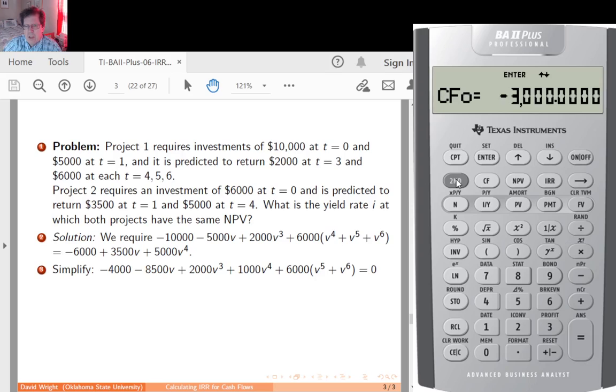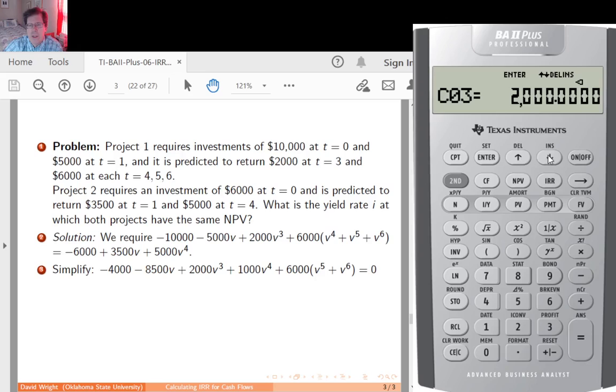So you'll have to clear it first. And for the initial outlay, we just read off the coefficients here. So this is 4,000 minus, enter. Next one is 8,500 minus, enter. Okay, there's no V squared term, so we have to put in C2 equal to 0. And then we keep going, and C3 is 2,000.